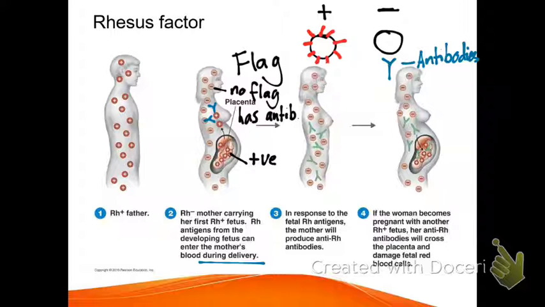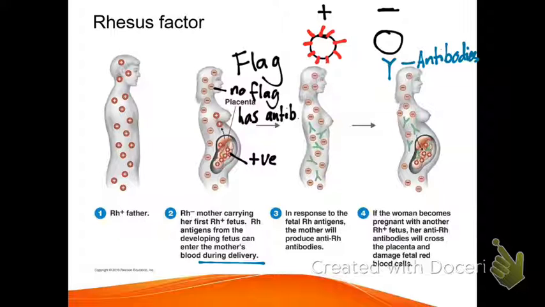What that means is when she's pregnant the first time, these antibodies actually don't exist. Why is that? Because your body needs to first be trained. Your body hasn't seen that flag before, so it doesn't have the antibodies ready.